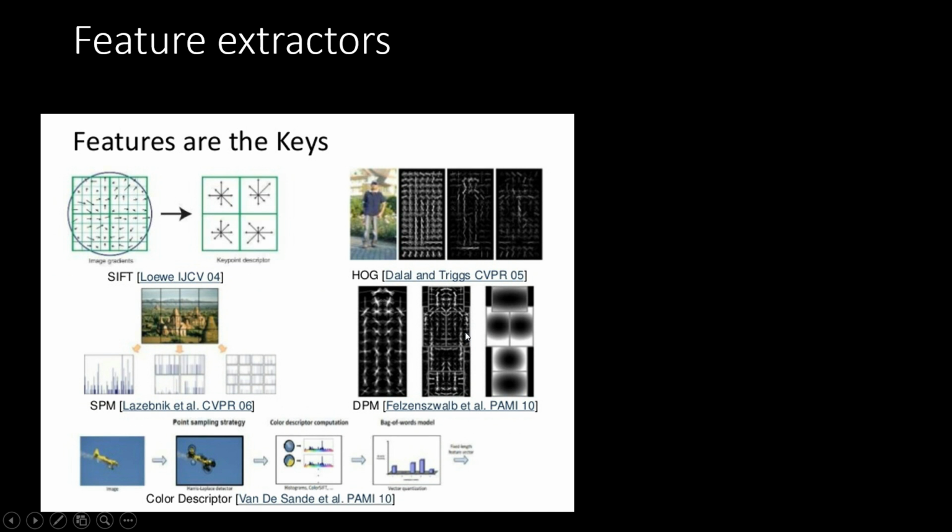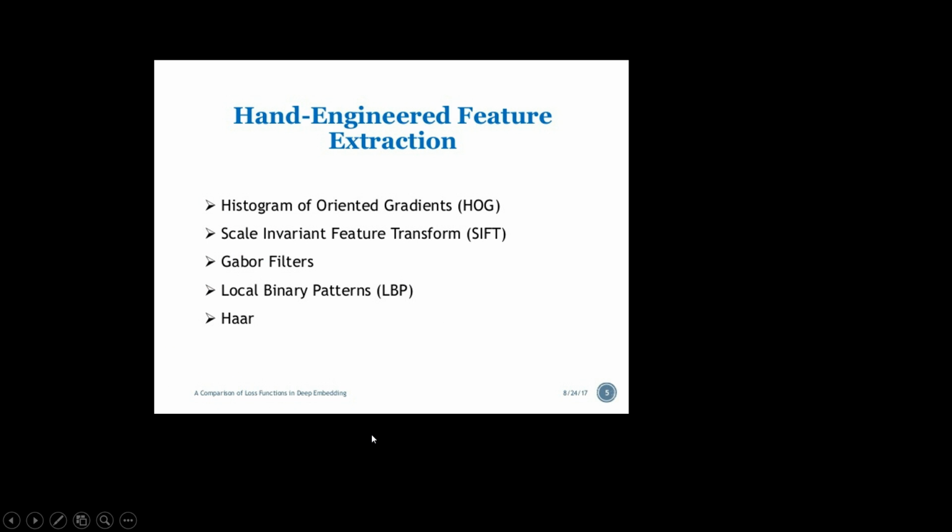There are a lot of feature extractors. These are hand-engineered feature extractors like SIFT or SPM, and HOG and SURF are quite famous. These are called hand-engineered features because they are domain specific.